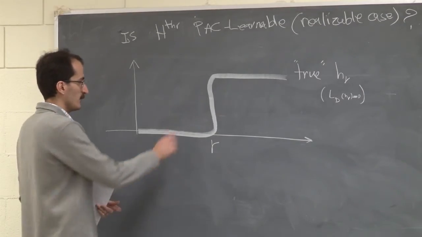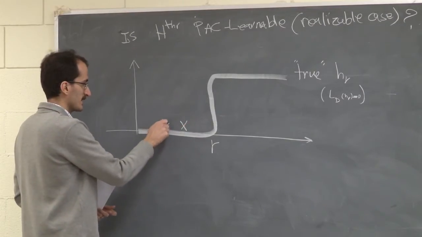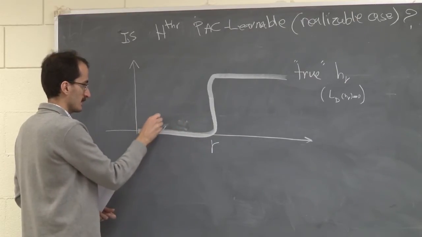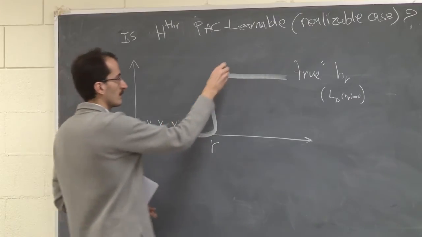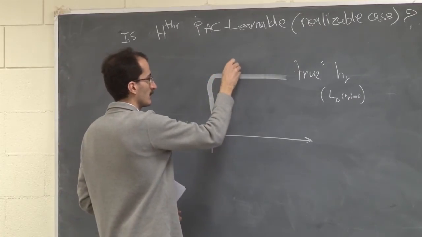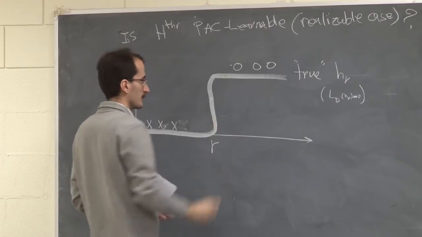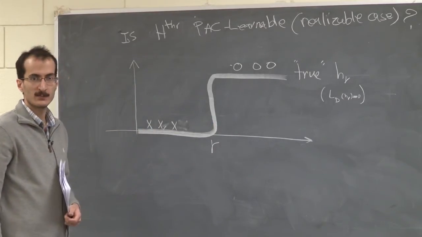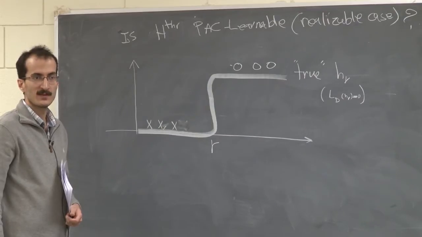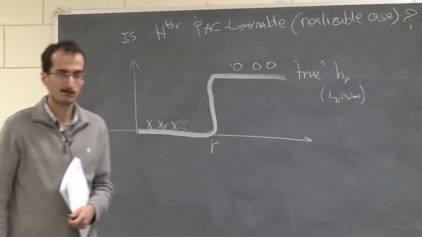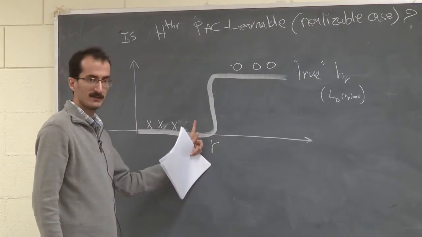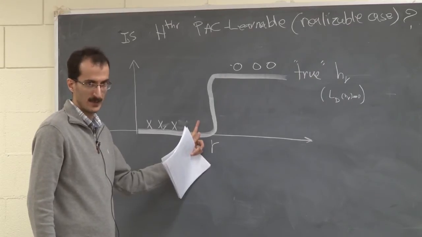And we see some labeled instances like these. What does ERM do here? What hypothesis will it choose?